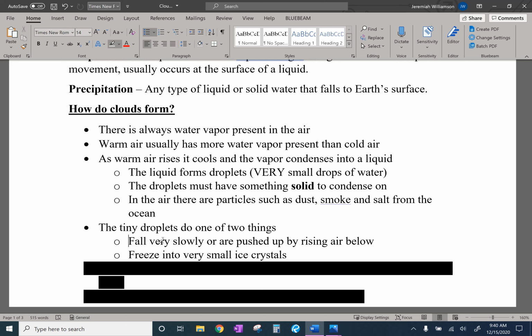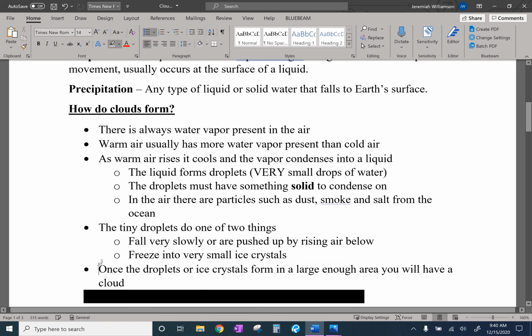Most of the clouds that you see, especially this time of year, are kind of half and half. They're liquid droplets or they're ice crystals, about half of each. They can be more of one than the other. Of course, if it's snowing, then it's probably more ice crystals. But these are the two things that those droplets will do after they've condensed on pieces of dust, smoke, salt from the ocean. All right, next.